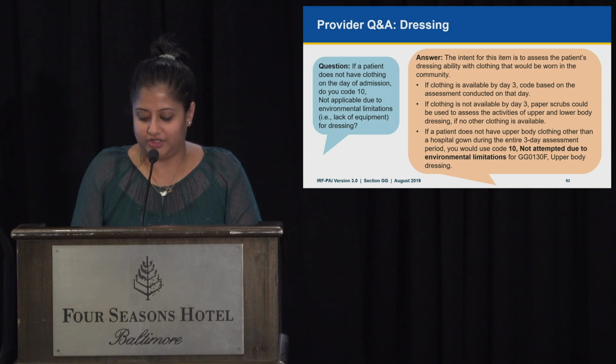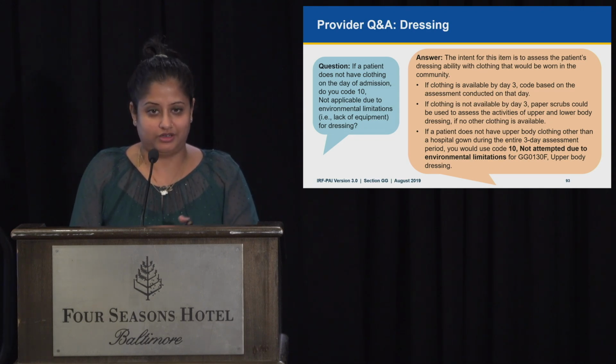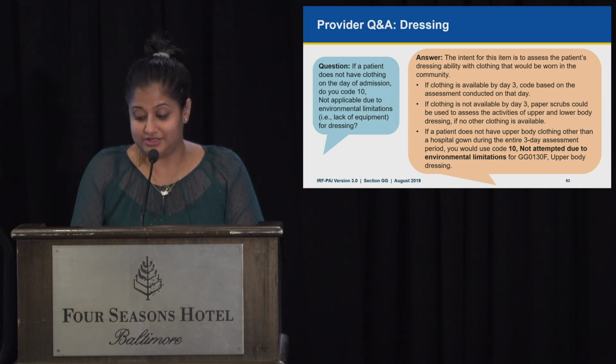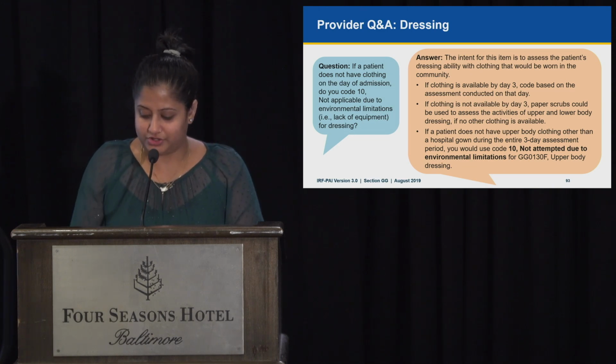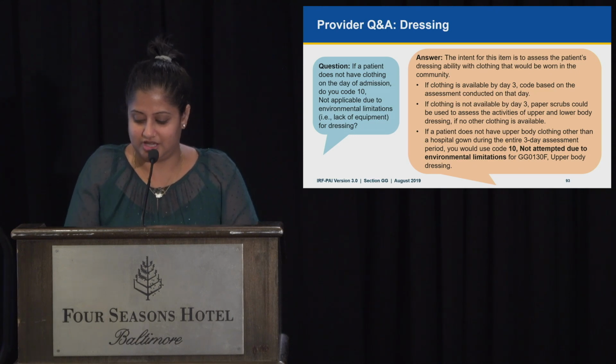If clothing is available by day 3, you would code based on the assessment conducted on that day. So if the patient doesn't have clothing on day 1, but they get it on day 2 or day 3, you can code it then. If clothing is not available by day 3, paper scrubs could be used to assess the activities of upper and lower body dressing if no other clothing is available.